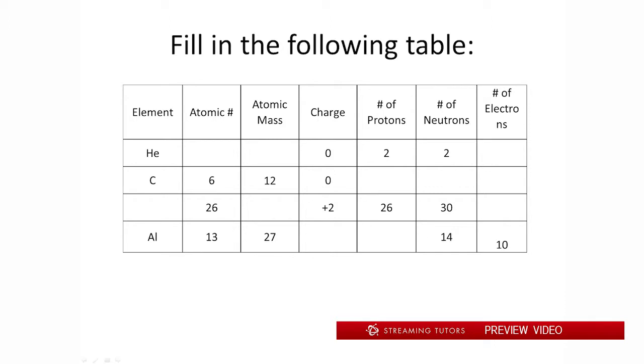So using that information, we can do things like use given information to ascertain other things that aren't given. For example, here in this first one, for helium, we know it's the element helium, we know its charge and number of protons and neutrons, but we don't know anything else. But we can determine those things from what we're given. So, as we just said, atomic number is just equal to the number of protons.